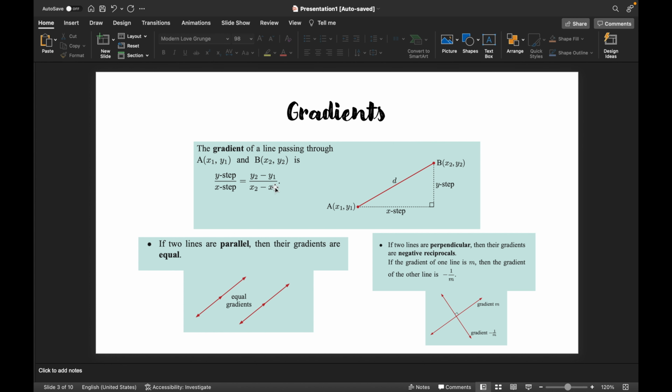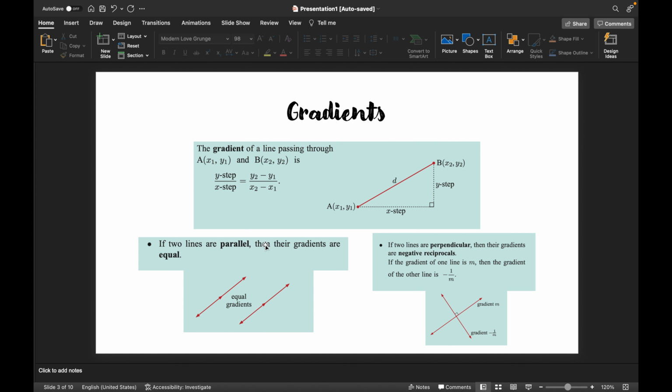Also make sure you don't write y2 minus y1 divided by x1 minus x2, because that will mean something completely different. Make sure that these two are the same and these two are the same, of the same point. Okay, now that's clear.